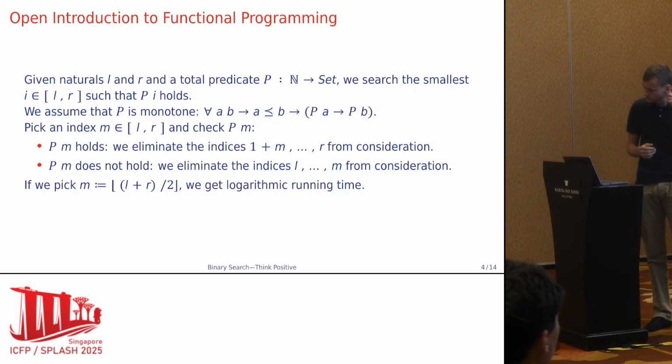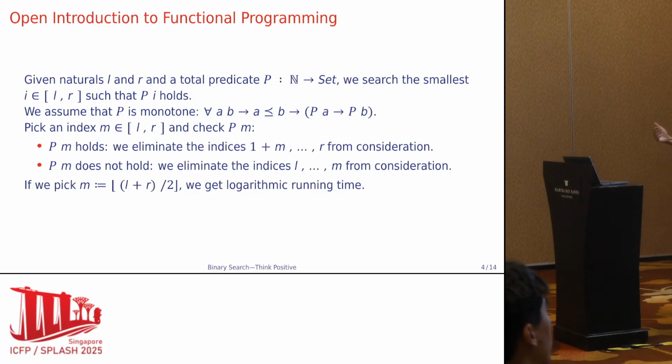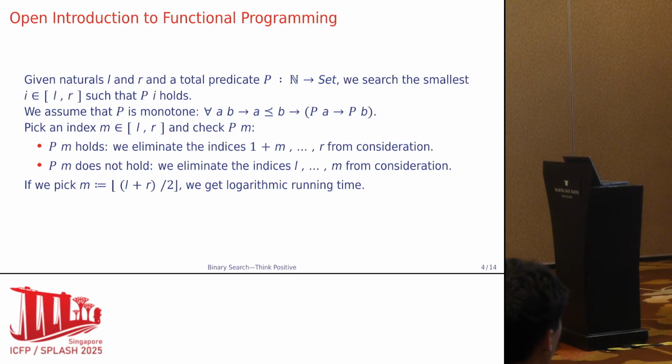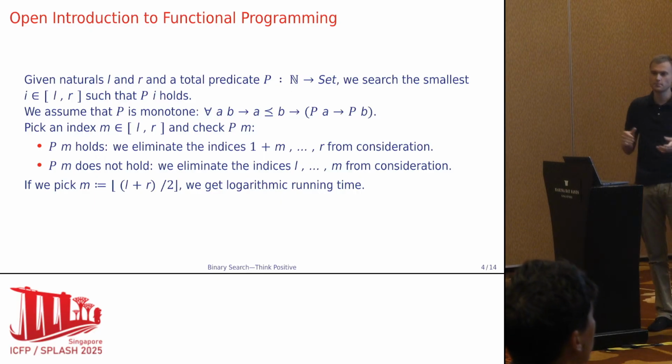And now, how is the algorithm? We again pick an index m in the search interval and we check P m. Now there are two possible outcomes. Either P m holds. In this case, we eliminate the indices 1 plus m to R from consideration. Or P m does not hold.